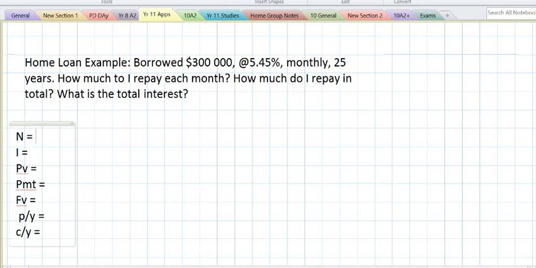Yeah, amount of periods in a year. So if it's monthly, how many periods would there be in a year? Yeah, 12. So 25 years times 12, because there are 12 periods in the year. 300. Now our interest, we don't have to convert to a decimal. We put it in there as a percent.